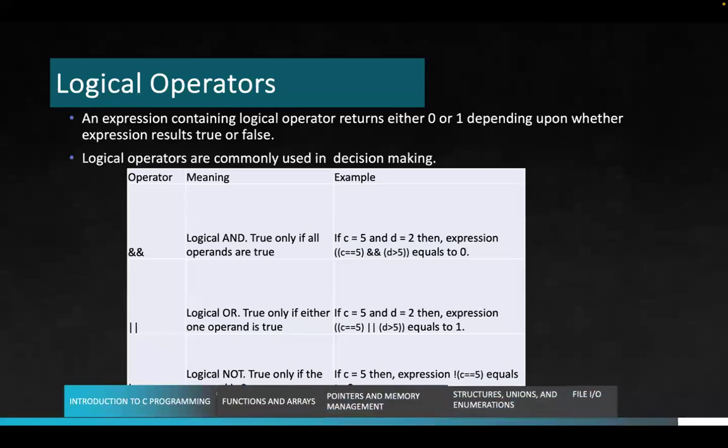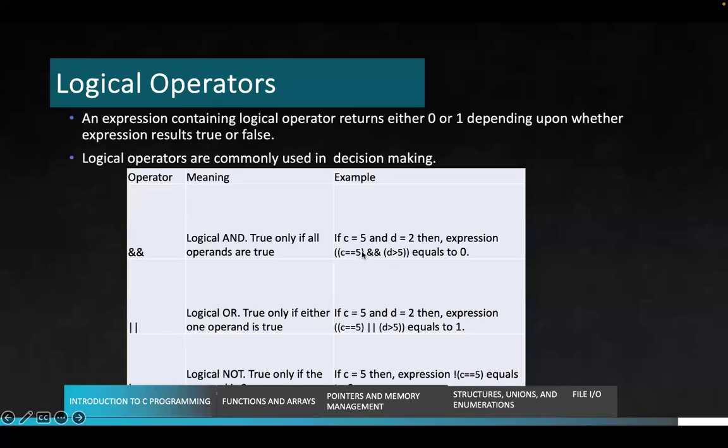Next is the logical operator. This logical operator performs an operation between two operands. If you use double ampersands, it is nothing but logical AND. Example: if C is 5 and D is 2, then C == 5 && D > 5 is equal to 0.